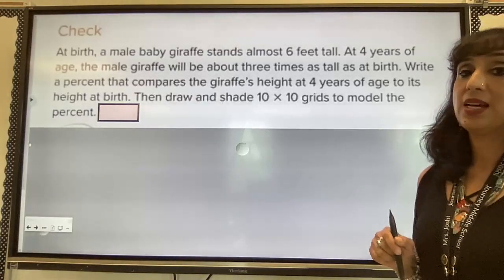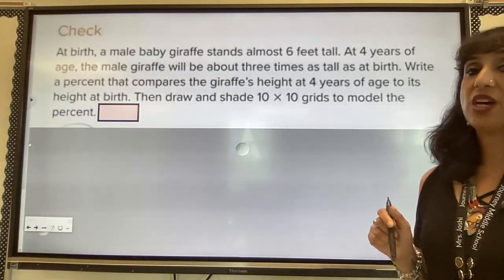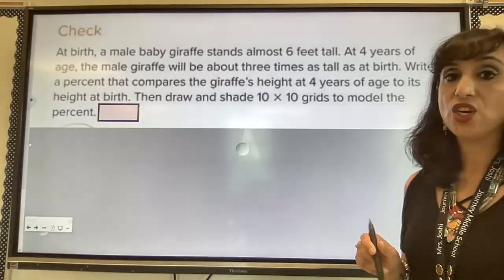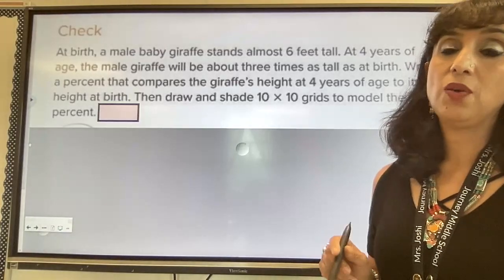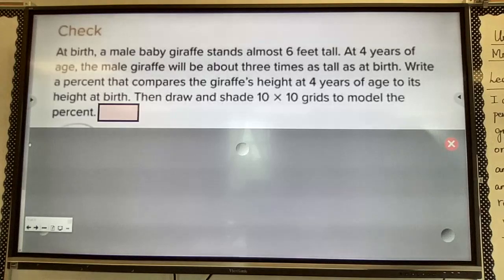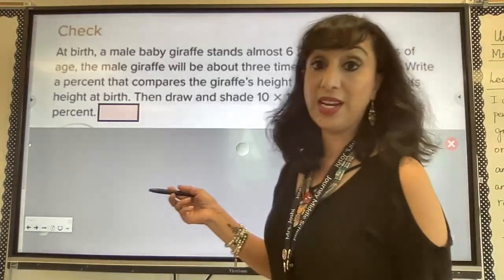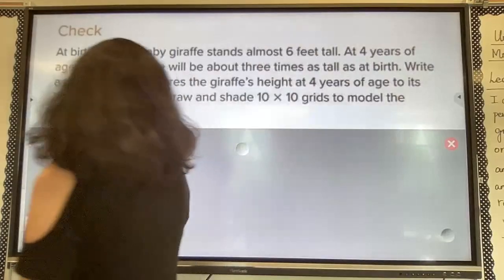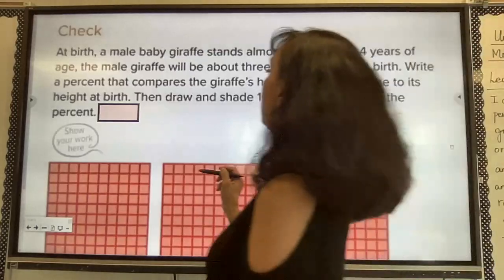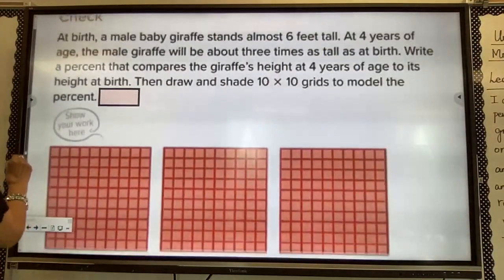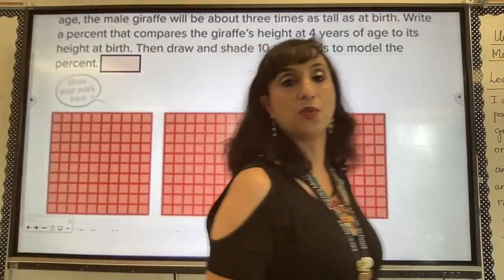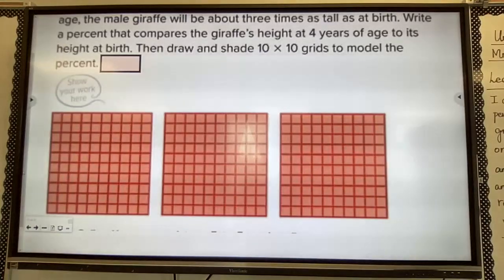Write a percent that compares the giraffe's height at 4 years of age to its height at birth. Okay, so if I'm talking about 3 times, that means it's going to be 300%. Okay, so let's look at this. There you go. All right, it's going to be 300%. And that's what the grid is going to look like.